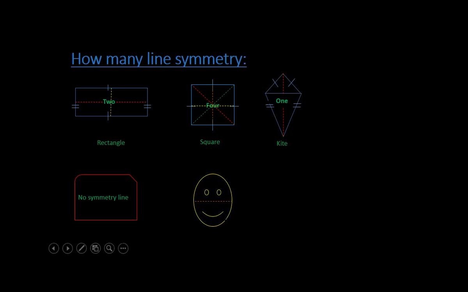That means it's not, because the same things here must be here. That means we are not going to draw our line symmetry like this. Our line symmetry has to be drawn like this, because we have 1 eye, 1 eye. A part of the smiley mouth is here. That means we have 1 line symmetry for this shape. I mean the smiley face.